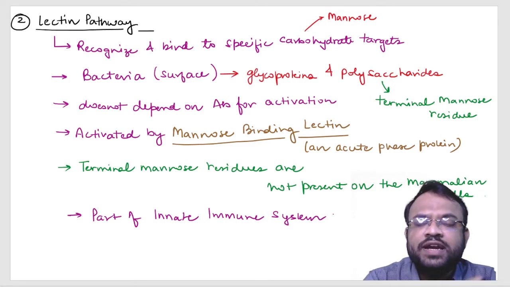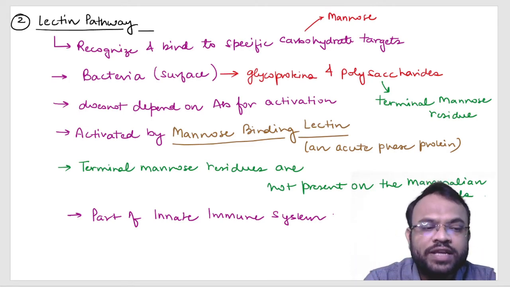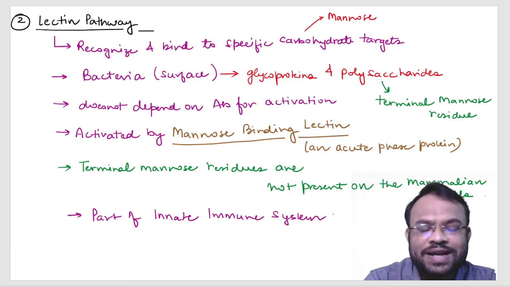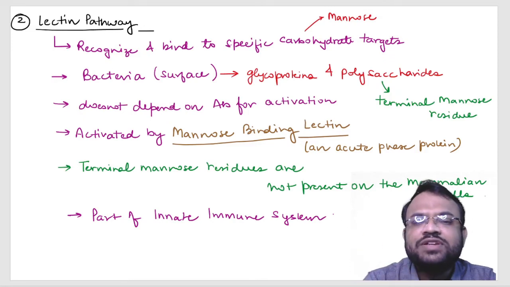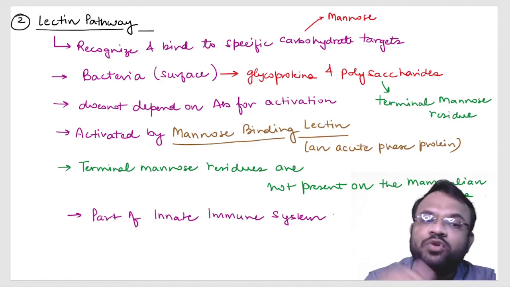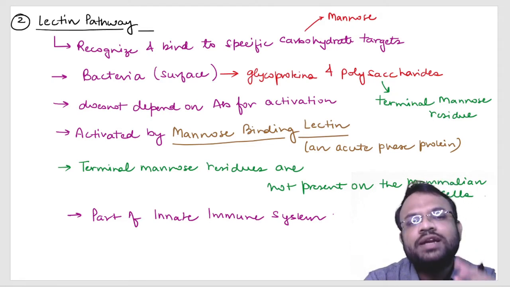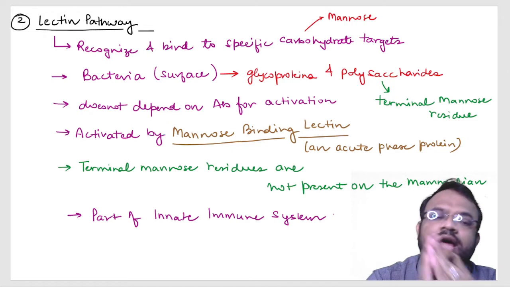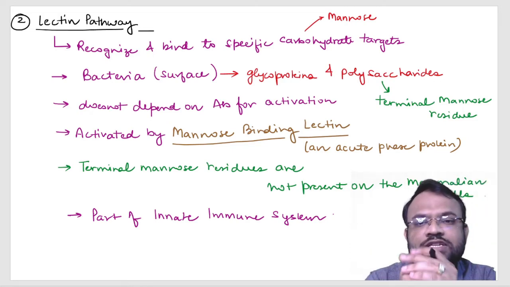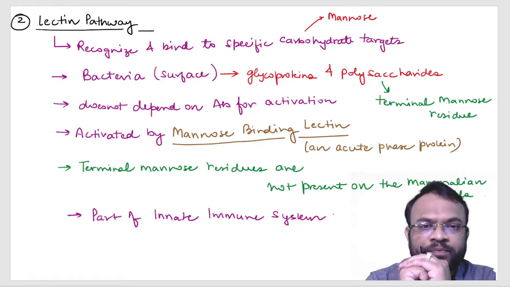Third point is it does not depend upon antibody for activation. If you have listened to me carefully, you would understand that when I started the lectin pathway, I never said that antibodies are required, or that an antigen antibody complex is required. Therefore it clearly says that antibodies are not required for the activation of this lectin pathway.